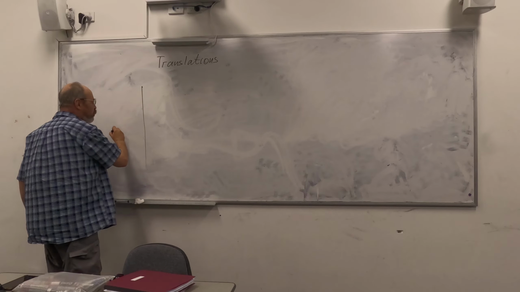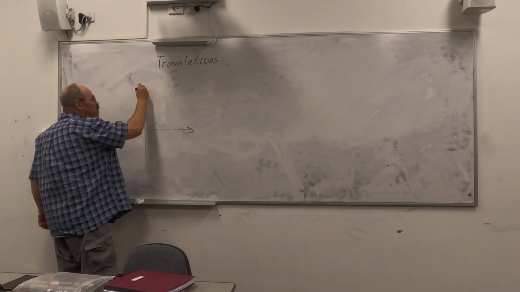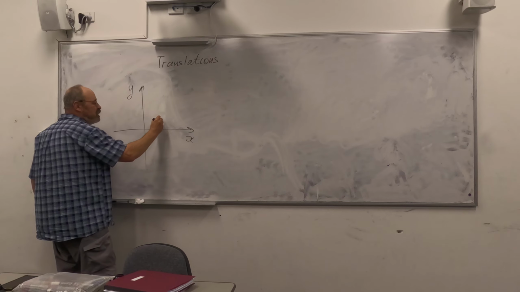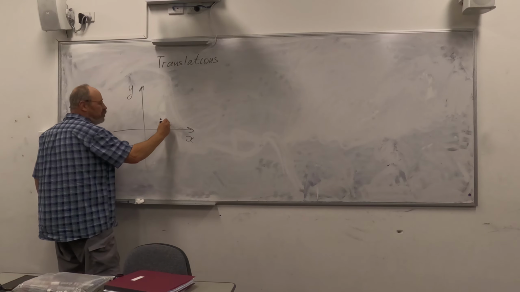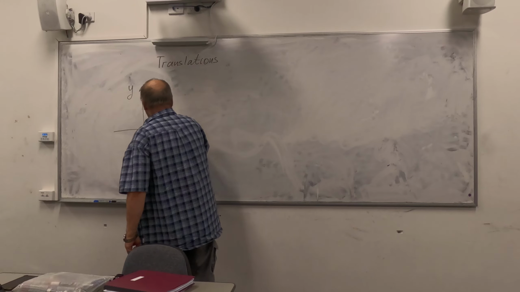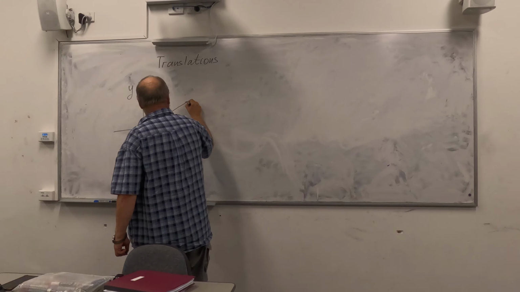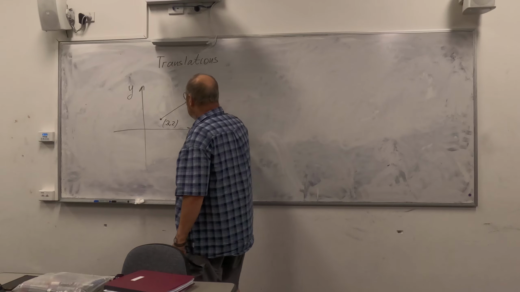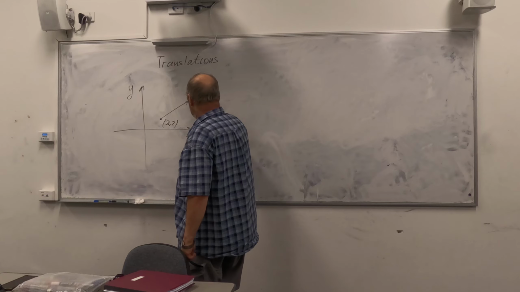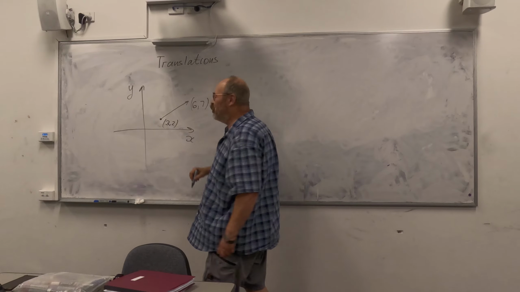So if we have a point on the Cartesian plane, let's say (3, 2), and we translate it to the point (6, 7).